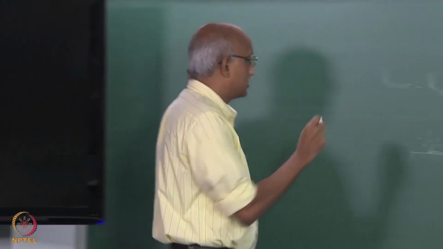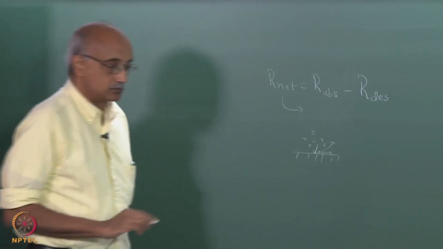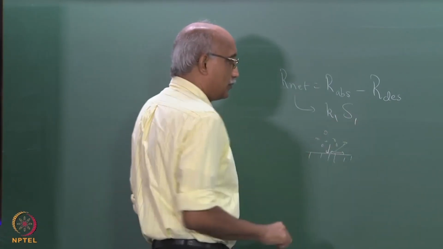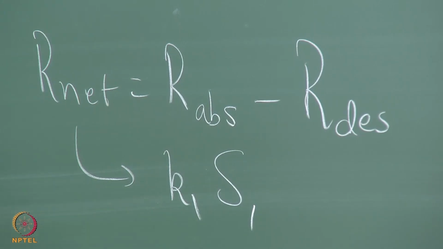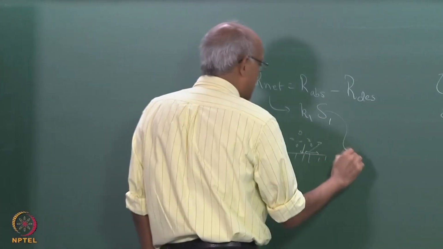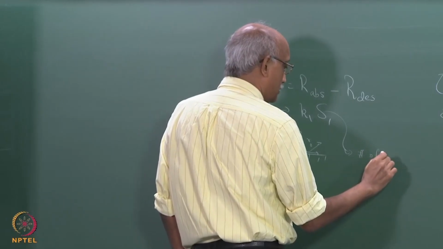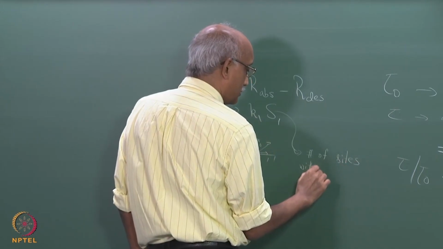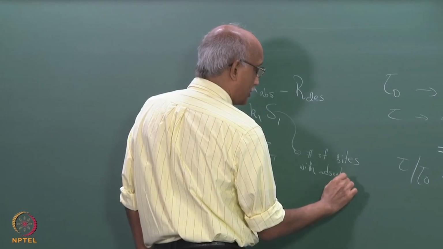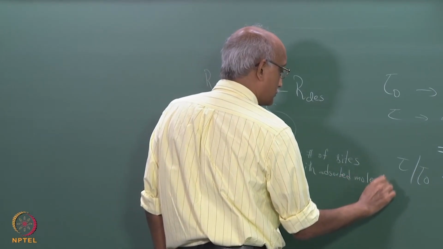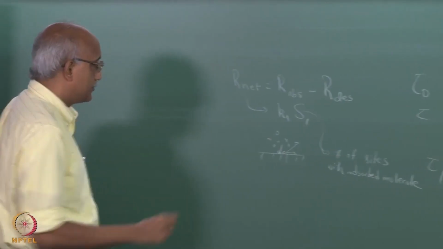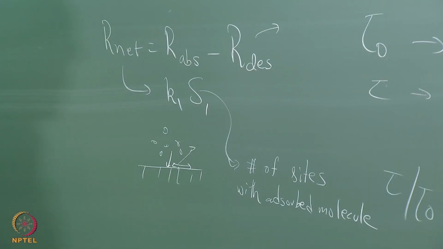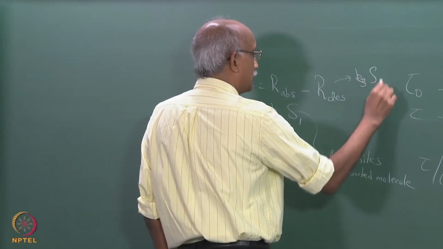Now, if you look at this step, let us write that as some K1 times S1, where K1 is, let us say, a first order rate coefficient, and S1 is the number of sites with an adsorbed molecule, and similarly you can write the desorption kinetics as, let us say, some K3 times S1.